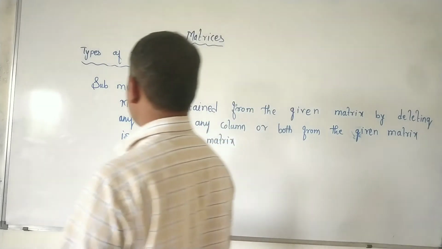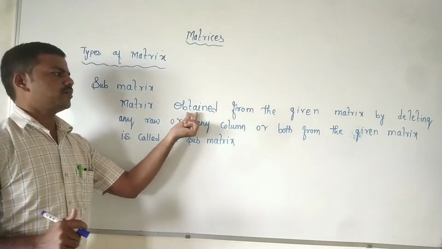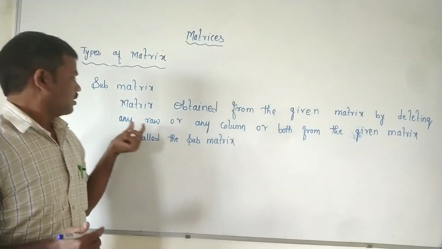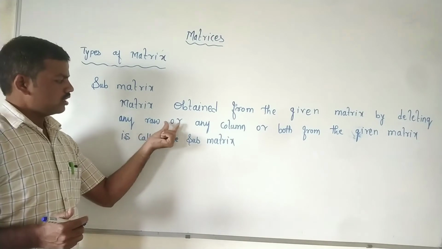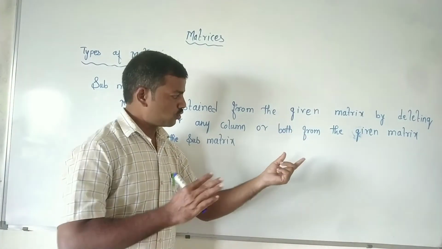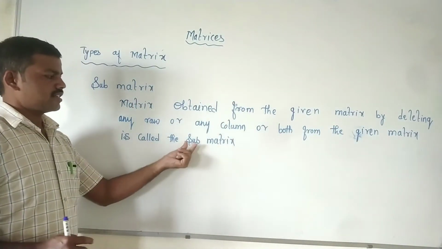So next we come to the submatrix. Submatrix means a matrix obtained from the given matrix by deleting any row or any column or both from the given matrix. So it is called a submatrix.